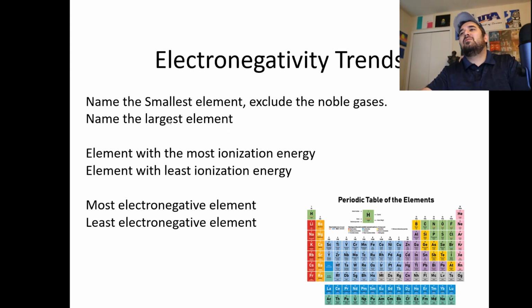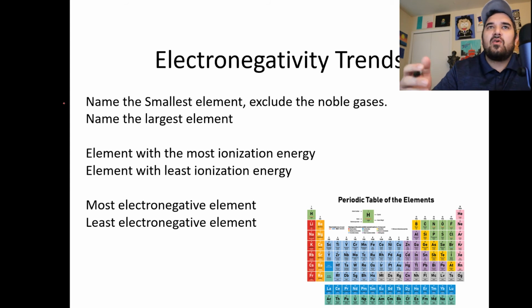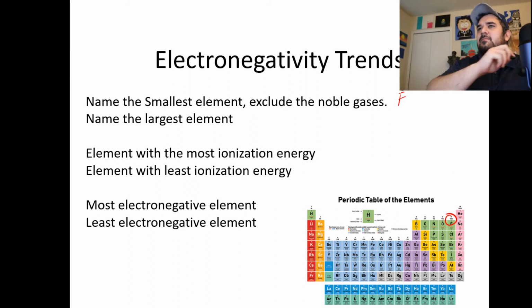All right, so name the smallest element excluding noble gases. In order to answer all these trend questions, as long as you know which one is the greatest and which one is the least, it makes answering the questions very easy. Smallest element, of course, that's going to be fluorine. Largest element, that's going to be francium.